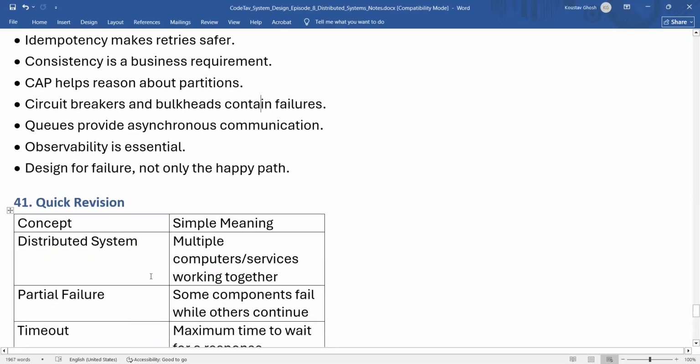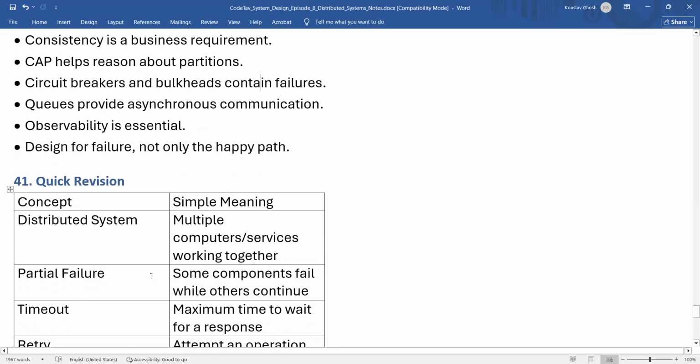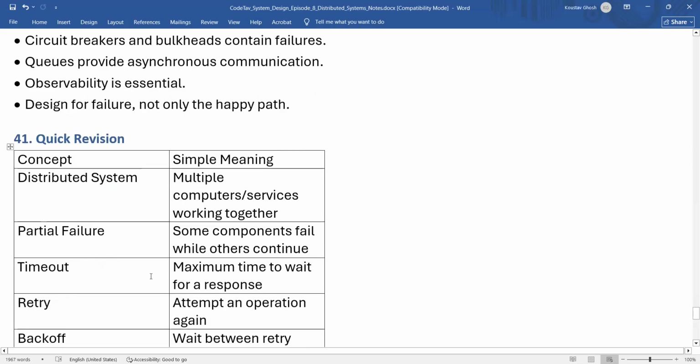Okay. So a distributed system contains multiple machines or services which work together. So distributed systems help us achieve scalability, availability, fault tolerance, performance, but they also introduce new challenges like networks can fail, services can become slow, messages can be duplicated, data can become temporarily inconsistent.